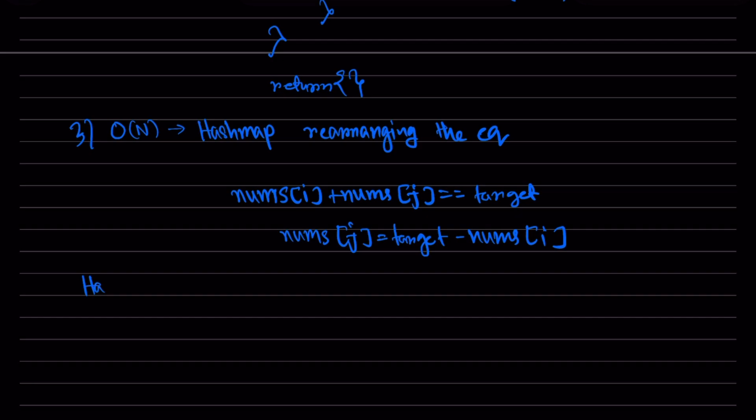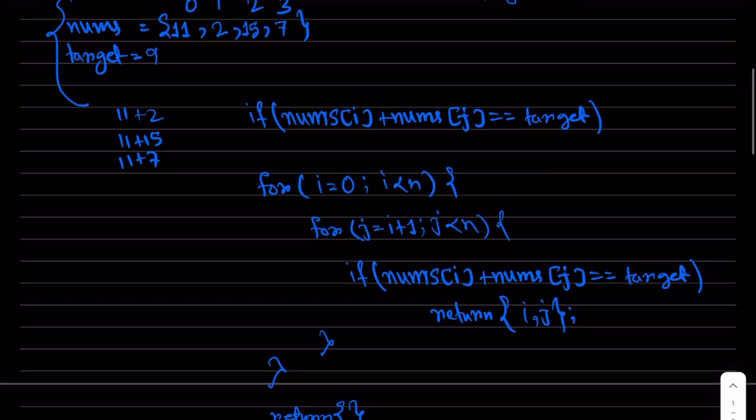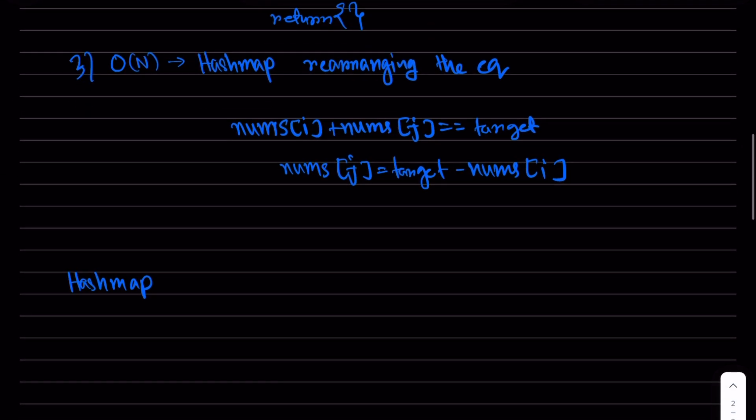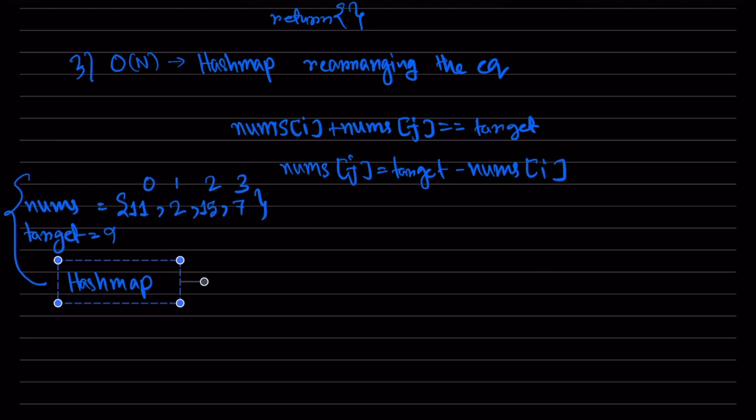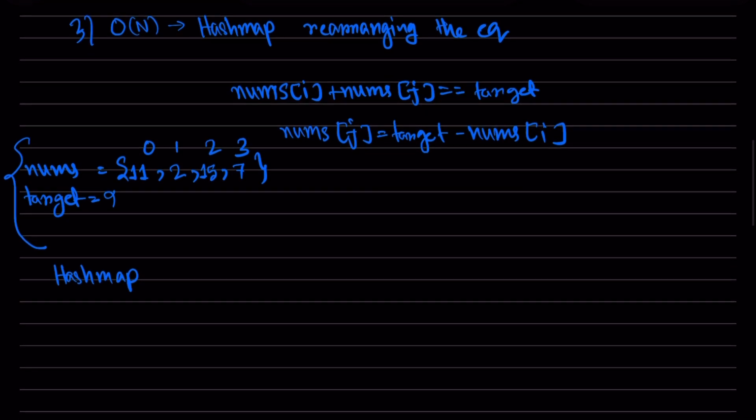So let's say we have our hash map here, and I'm just going to copy paste this example again. We have our designed hash map. Here is how the hash map works for us to find the desired i and j values in a single linear time complexity.